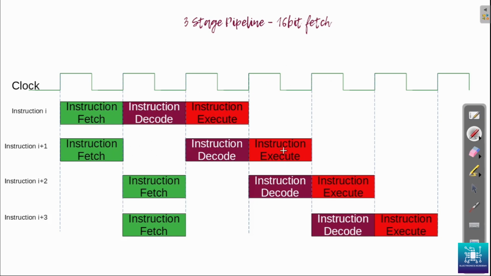Then in the fourth clock cycle, the second instruction is executed, and of the two instructions that are fetched, one is decoded. In the next clock cycle, this instruction is executed, and in the next, this one is executed. So there are four instructions that are executed in six clock cycles. This is how this works. For a 16-bit fetch, the pipeline looks like this.